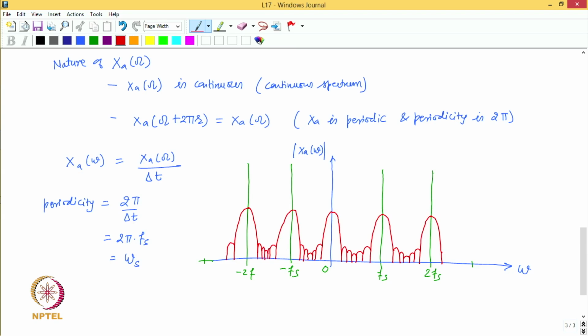So we see that this part of the spectrum from 0 to Fs repeats. We can also say that if this is minus Fs by 2 and this is plus Fs by 2, we can look upon minus Fs by 2 to plus Fs by 2 as the spectrum which is repeating on either side.